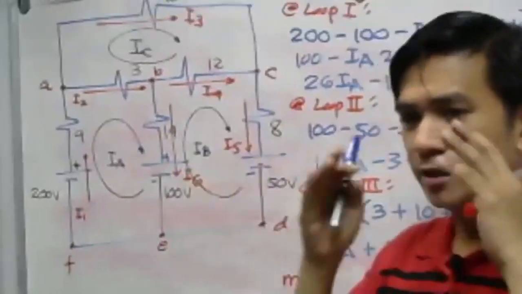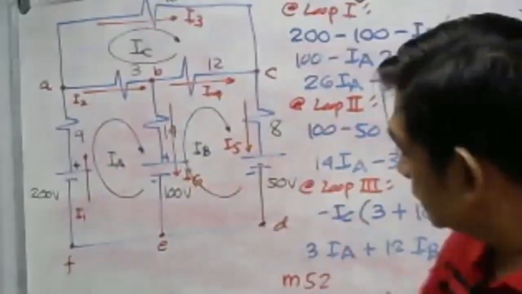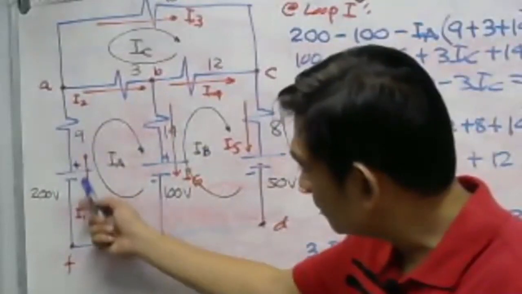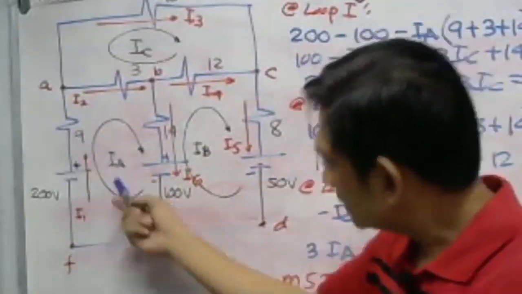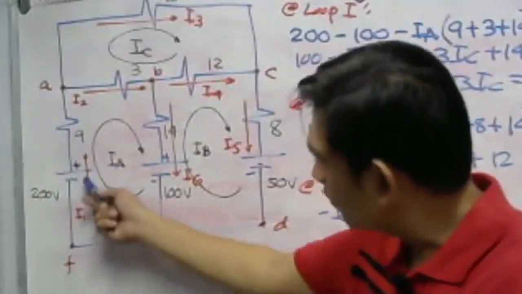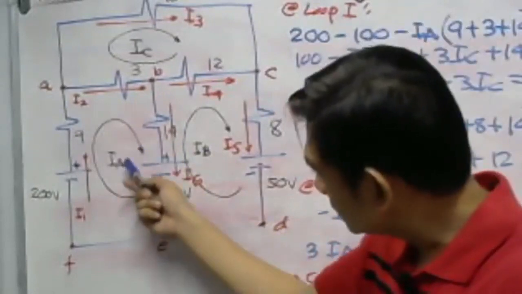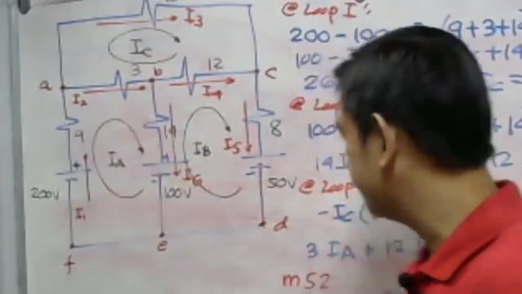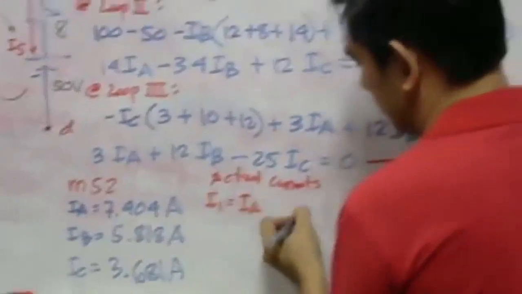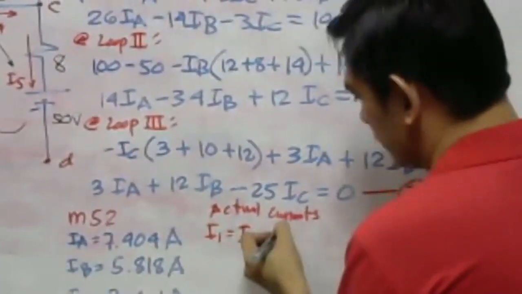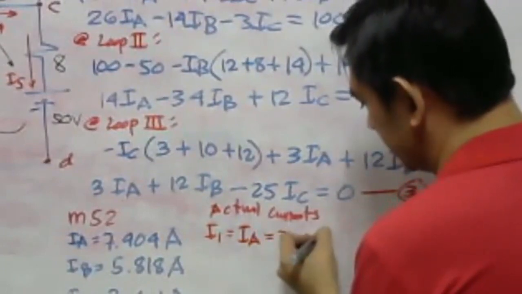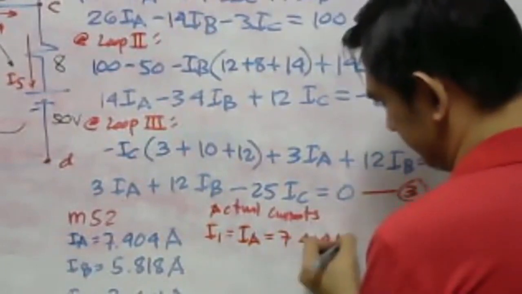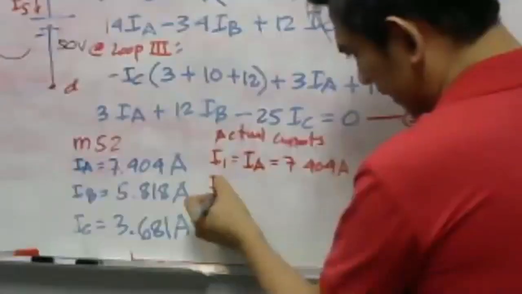Take note, in Maxwell's mesh method, if I1 has the same direction as IA, I1 is upward, IA is also upward, so therefore they are just equal, which is equal to 7.404 amperes.